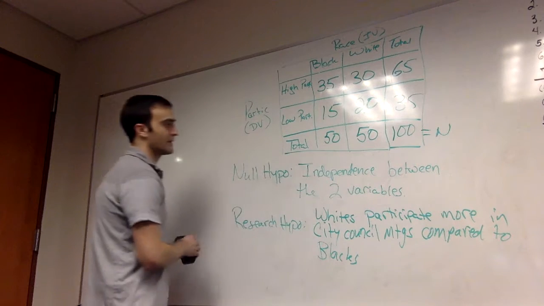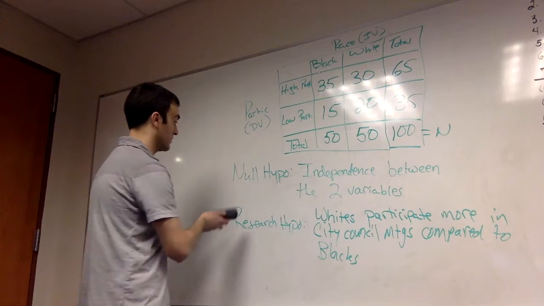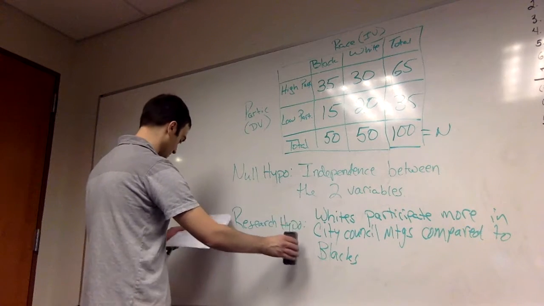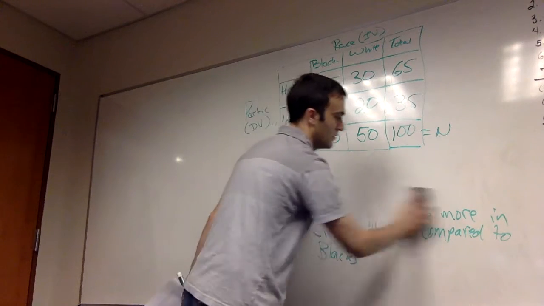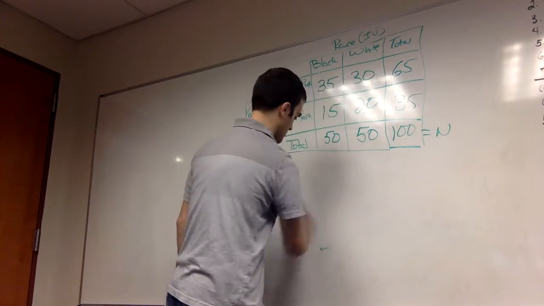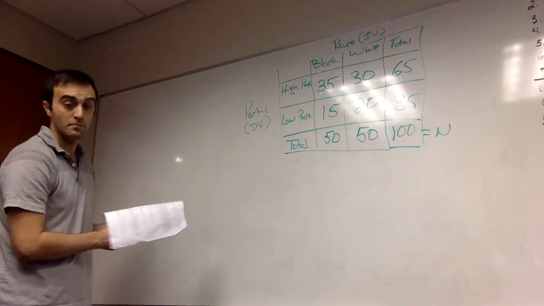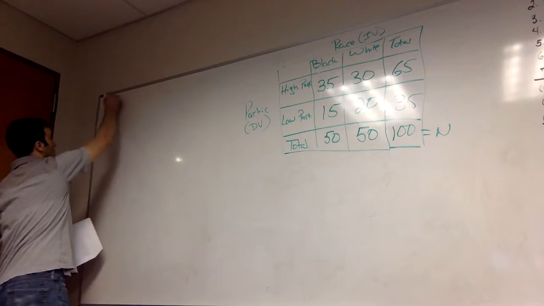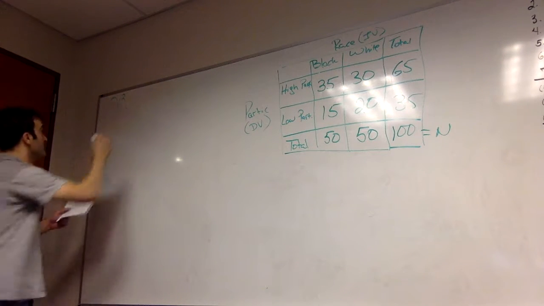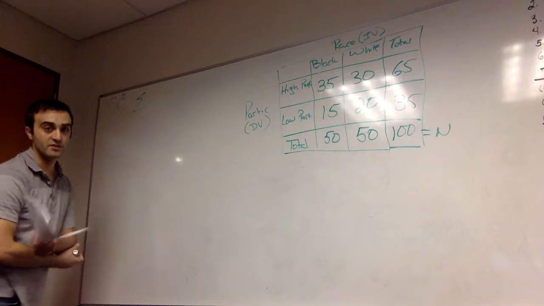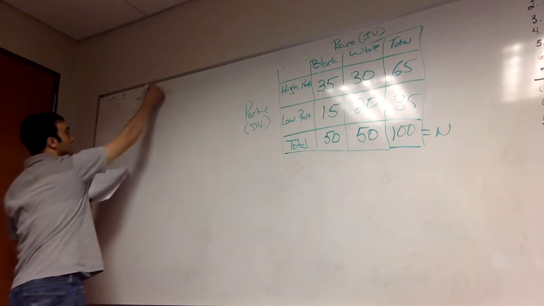To calculate a chi-square test to determine if race and participation are statistically significantly related to each other, you will ultimately run the equation in your notes. Chi-squared equals the summation, and the summation is all on the outside, so you do the summation last.